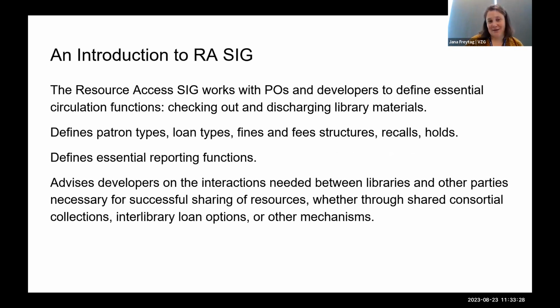So the Resource Access SIG works with the POs and the developers to define essential circulation functions, like checking out and discharging library materials. It defines pattern types, loan types, file structures, recalls and holds, and also essential reporting functions.